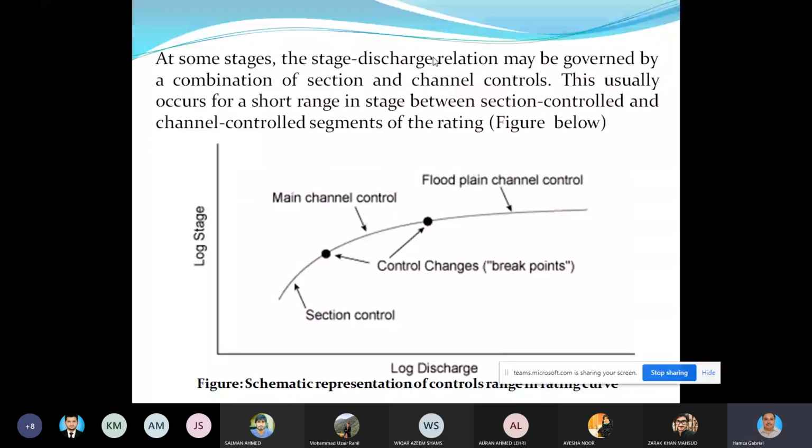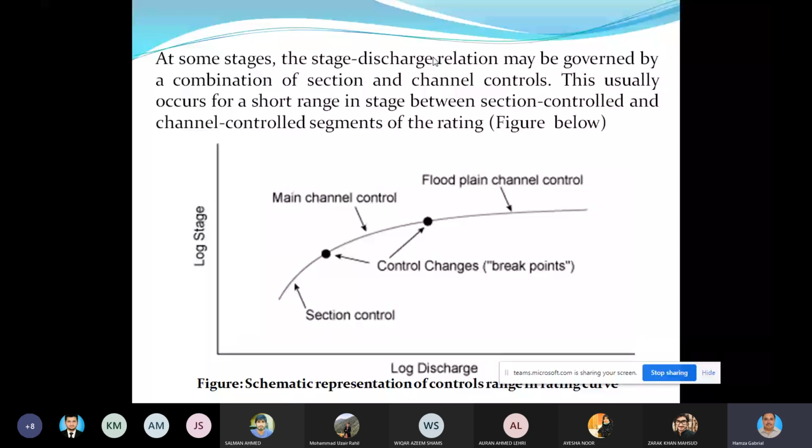So with the rising stage, the control changes from section control to main channel control and then to floodplain channel control. At some stages, the relationship between the two parameters, discharge and stage, is governed by a combination of these three types of controls.